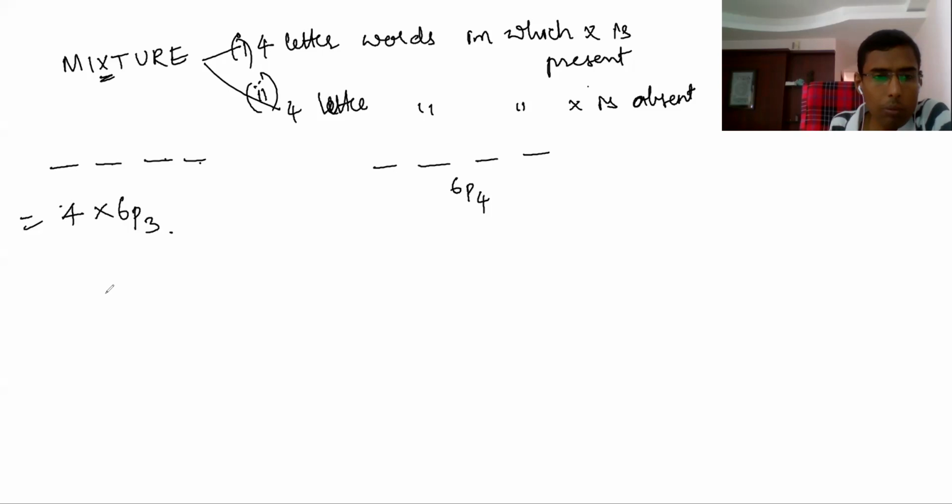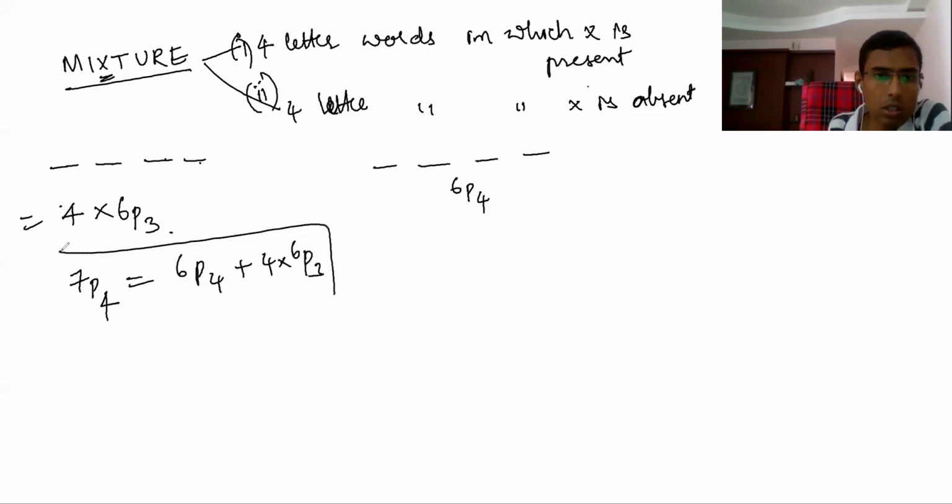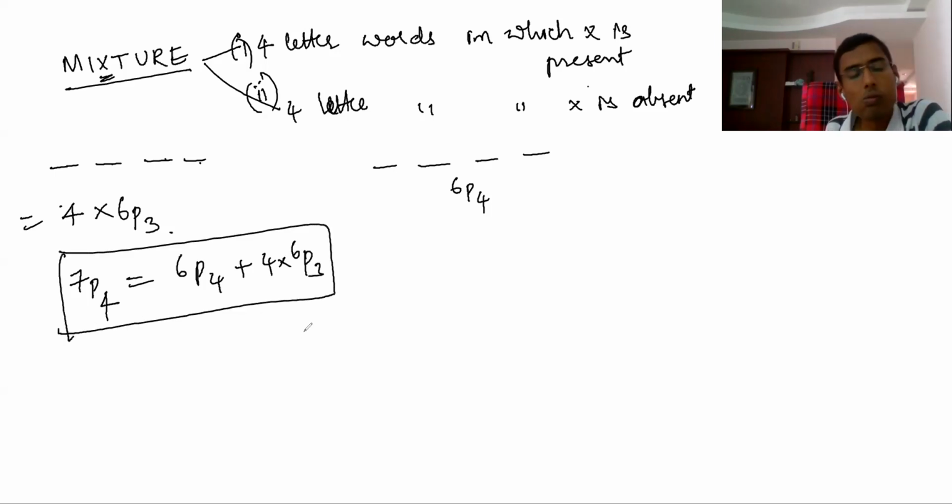Therefore the total number of permutations of 7 letters taken 4 at a time, 7P4, is 6P4 plus 4 into 6P3.